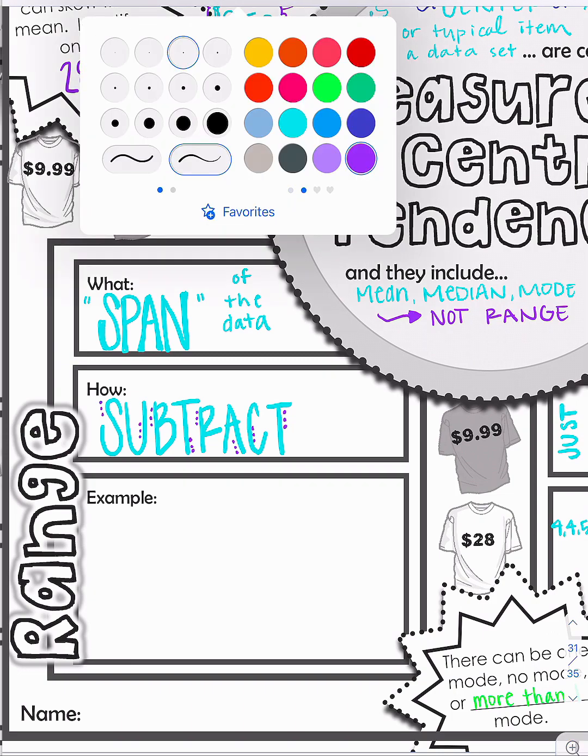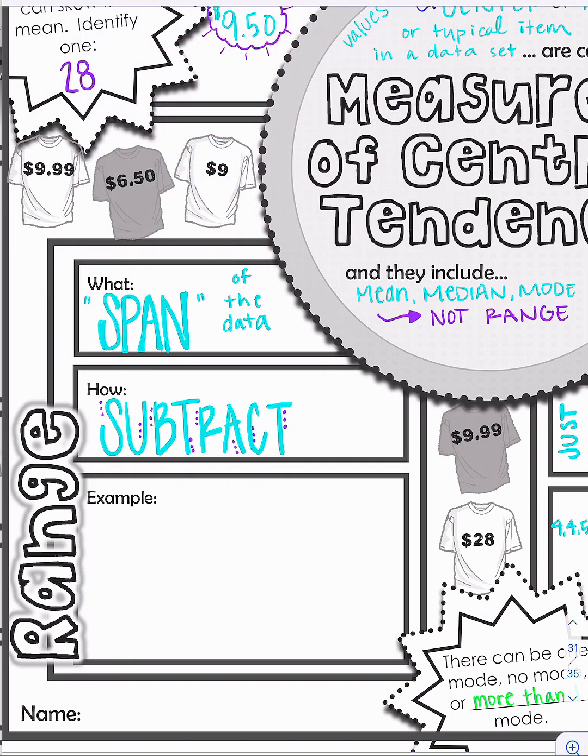Okay, so we're going to subtract. And when we subtract, you are looking at the greatest number in your data set, and then you're going to minus the least number in your data set. Okay, so we are going to be minusing.